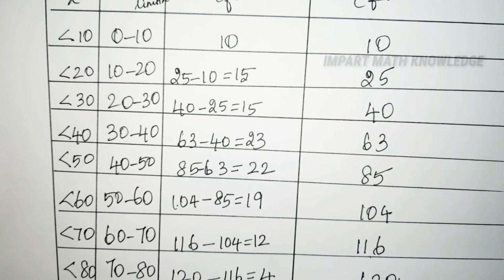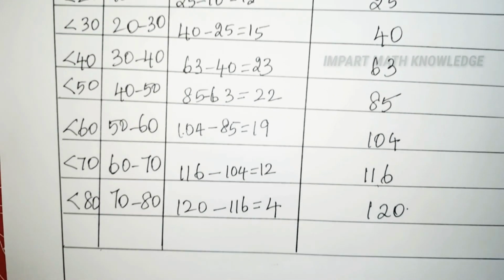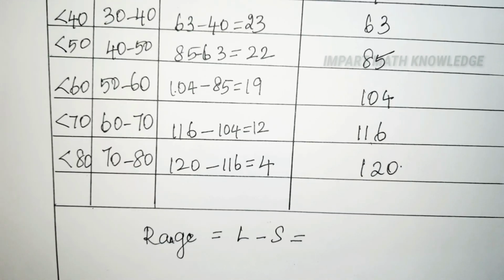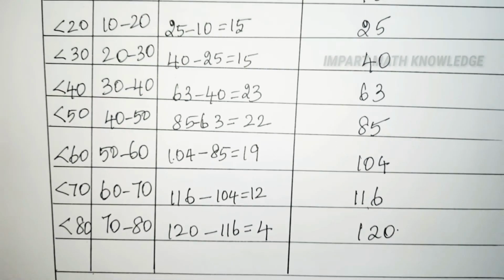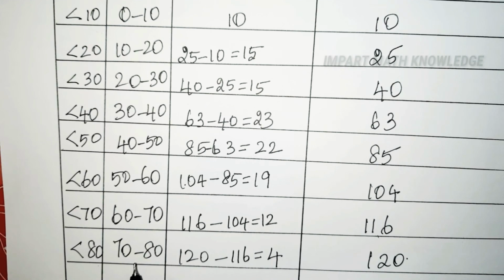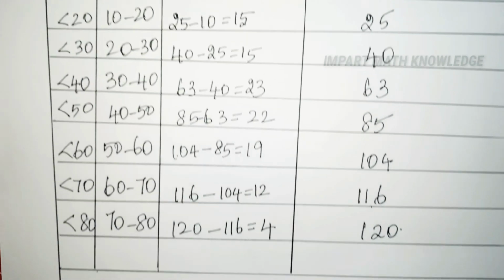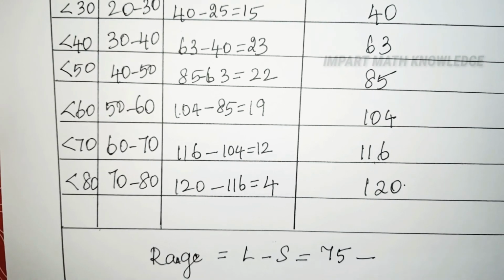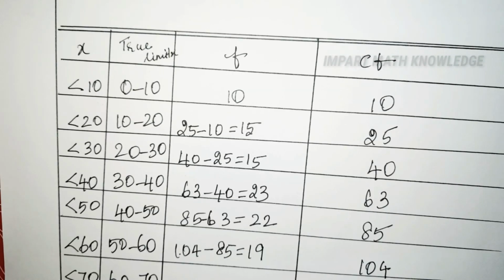Now for this problem, we have to find the range and the coefficient of range first. Range is equal to L minus S. L is the largest value and S is the smallest value. In the continuous case, your largest value is the mid value of the last interval. Here the mid value is 75. So L is equal to 75. S is the smallest value, that is the middle value of the first interval, that is 5.